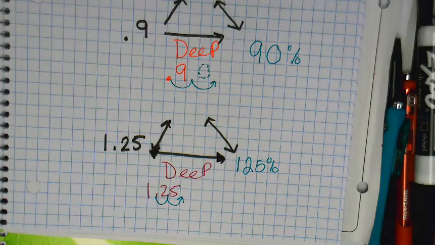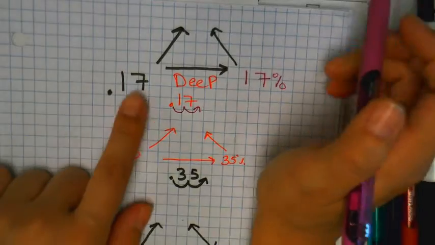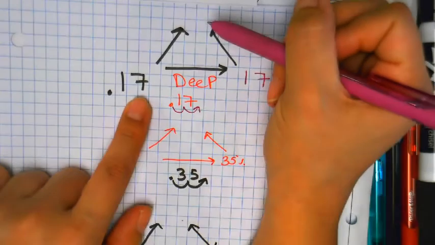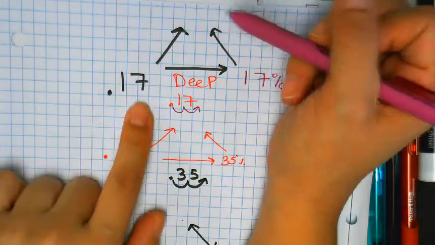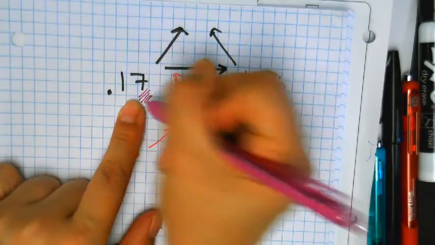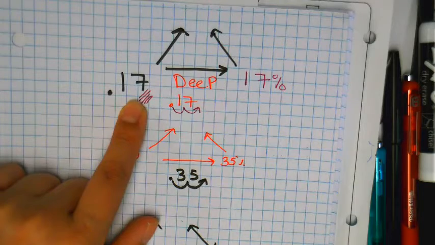All right, let me pause. So now I'm going to do the fraction. Easiest way to do the fraction, pay attention. The last number. What place value is the 7?